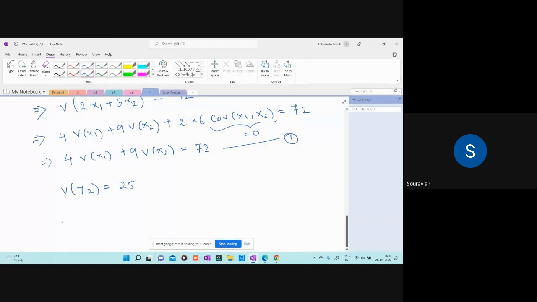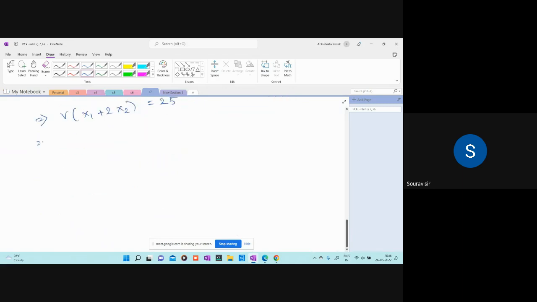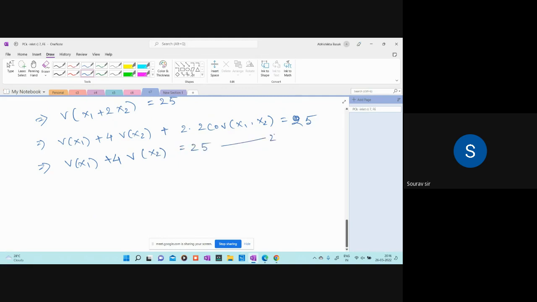With similar logic, we get variance of X1 plus 4 variance of X2 plus 2 into twice covariance X1 X2 equals 25. That is, variance of X1 plus 4 variance of X2 equals 25. This is my second equation.